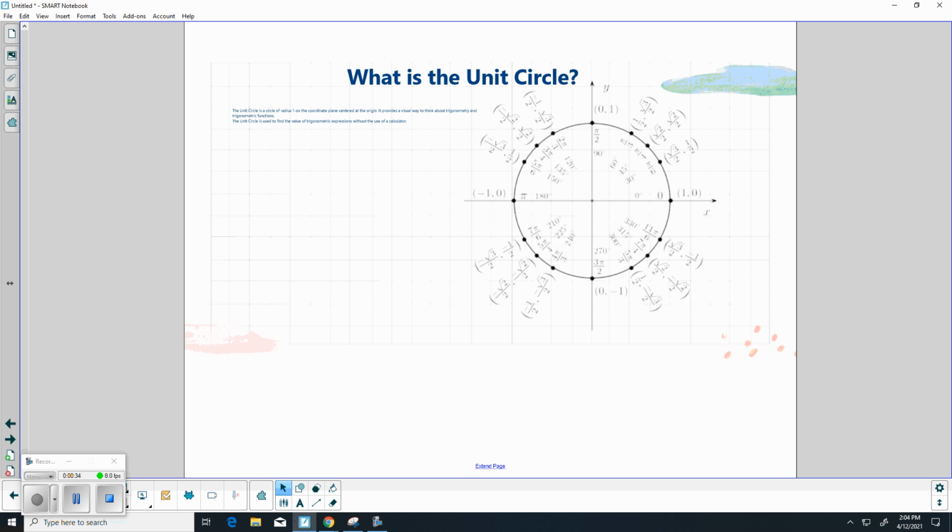Okay, so the unit circle is a circle with a radius of 1 on the coordinate plane that is centered at the origin. It provides a visual way for us to think about trigonometry and trigonometric functions.